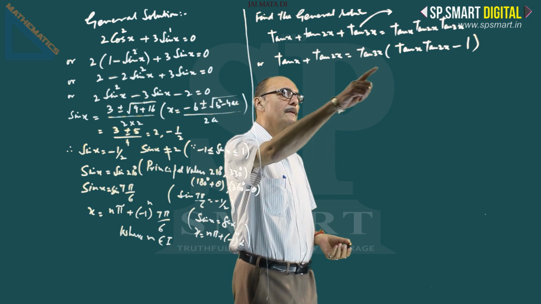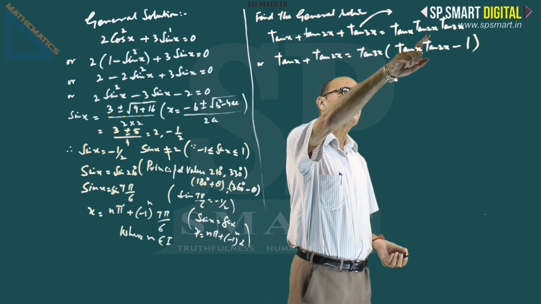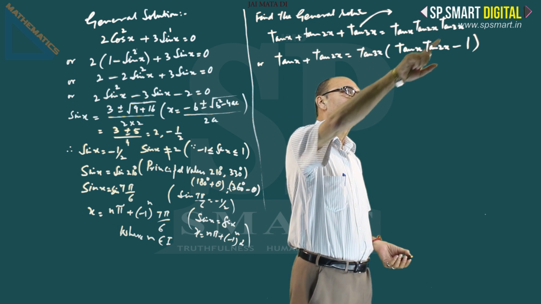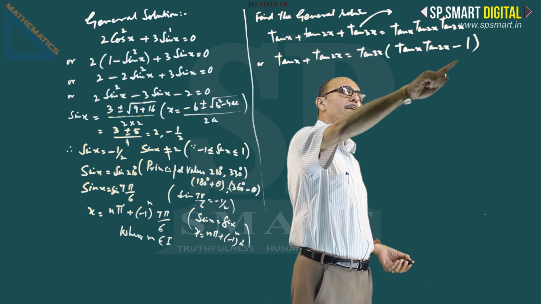If you open the bracket, this will be tan of x, tan of 2x multiplied by tan 3x. And if you take this tan 3x to this side, it is minus tan 3x.